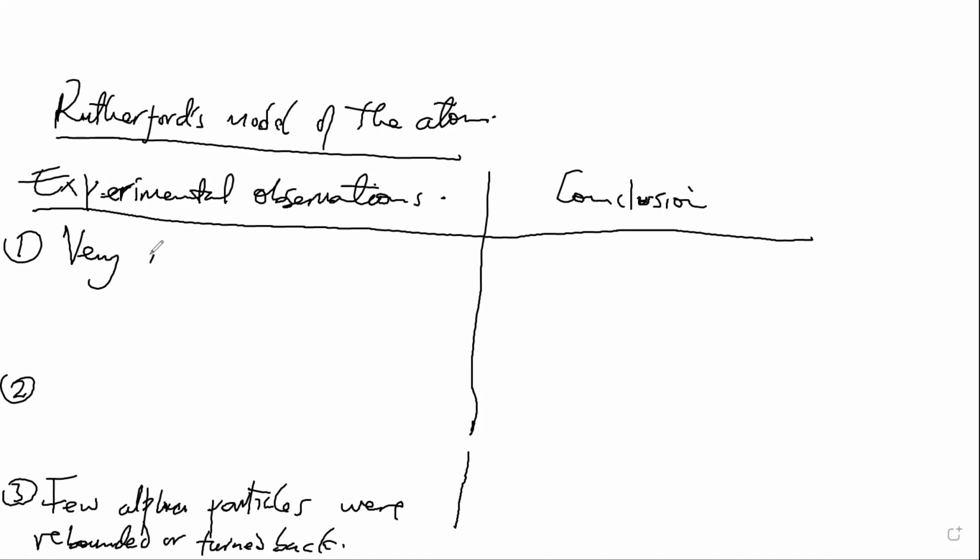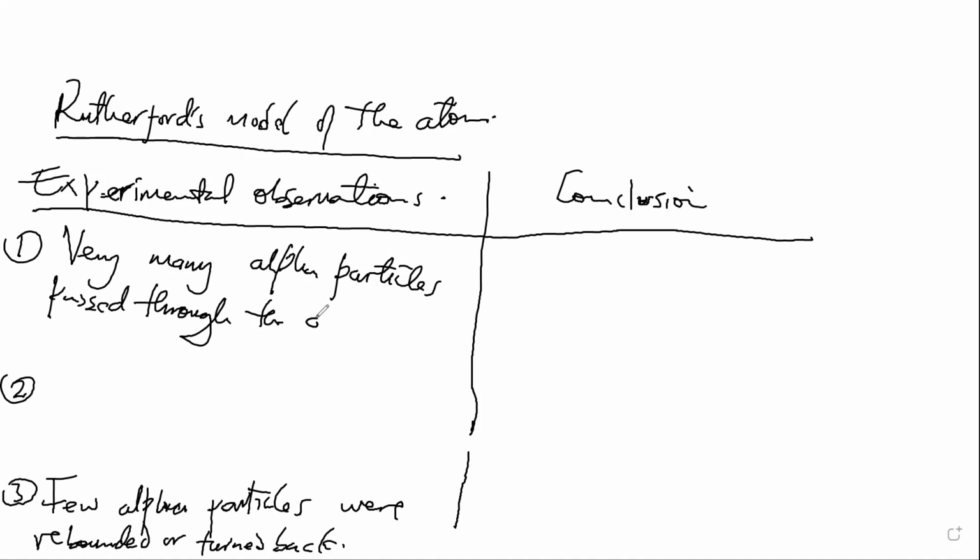The first one is that very many alpha particles passed through the gold foil. This is actually very few.